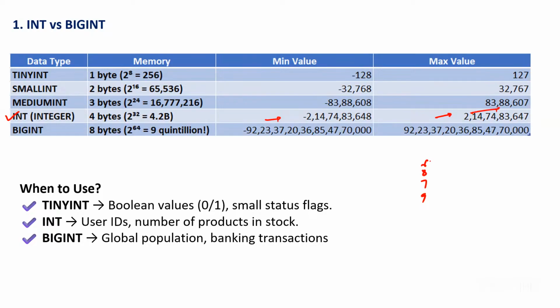So if you add a number starting with 6 and 10 digits, it will not be supported in some of the databases. At that time, you have to use something called bigint.